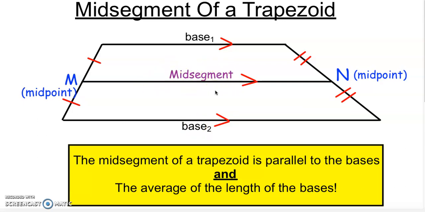The midsegment is equal to the average of the length of the bases, and then it's also equally distant between the bases. So the distance from here to here is the same as it is from here to here. So if you take the midpoints of your legs and connect them, that's going to create a midsegment.